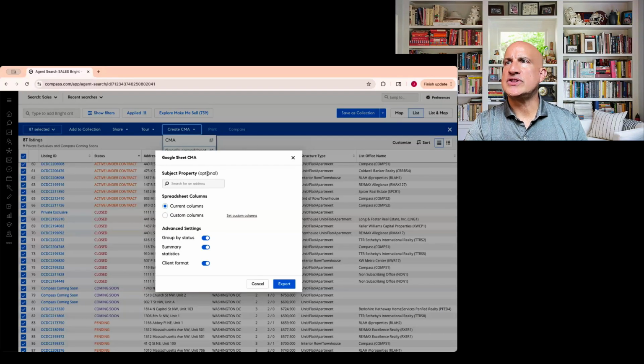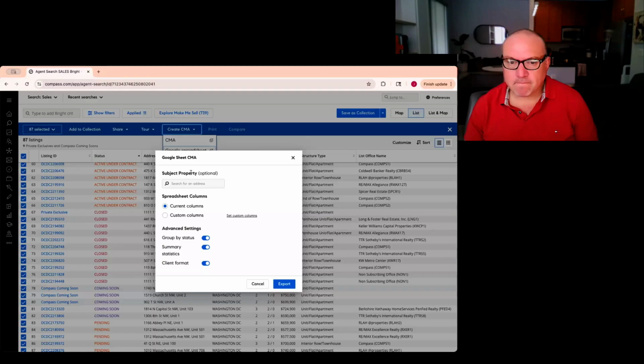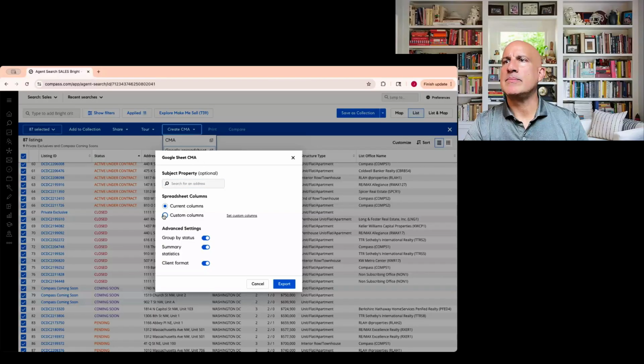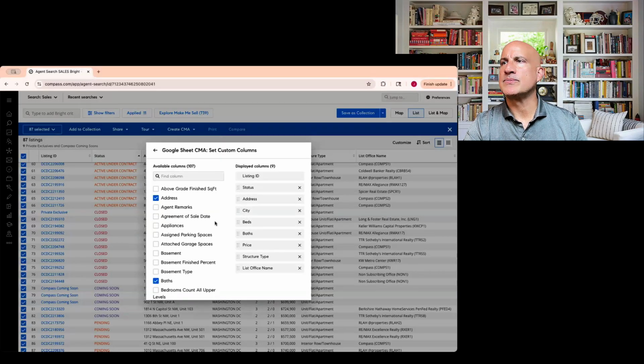Then in the pop-up, click custom columns and set the columns. We only need very specific metrics for this analysis, so we'll get rid of city, structure type, and list office.